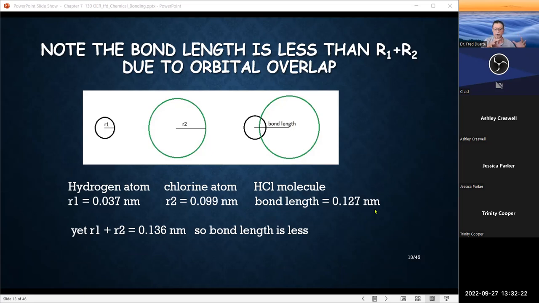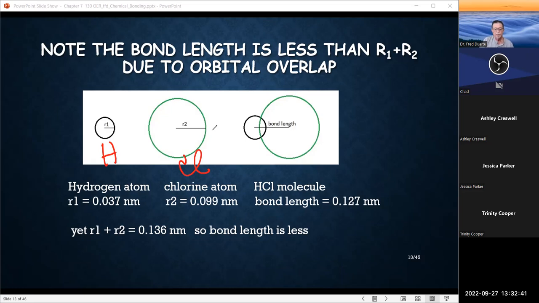So we have R1, R2. If we look at the individual radius we talked about for the different elements, let's say this was hydrogen and this was chlorine. Those are the respective radius of that element.